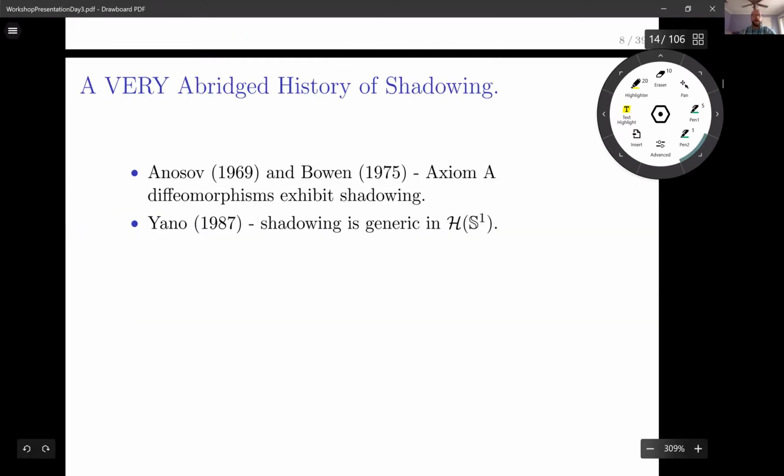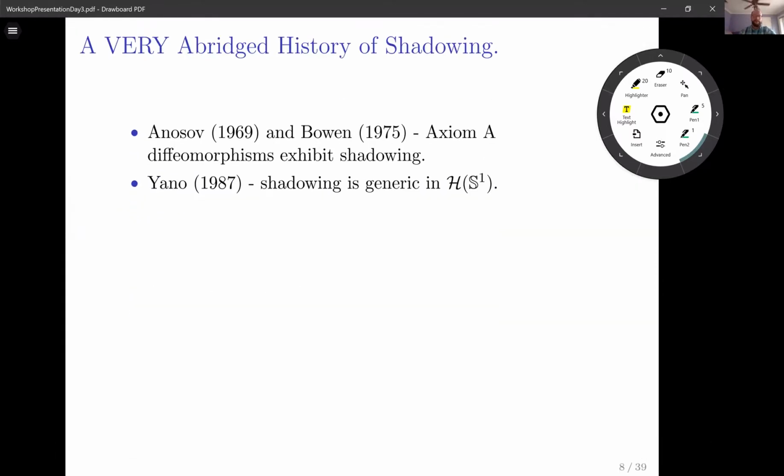Shortly after that, and I say shortly, 12 years, Yano, I can't remember the first name there, demonstrated that shadowing is a generic property in the class of homeomorphisms on the unit circle. Right, so we're looking at the unit circle, we're looking at homeomorphisms. We know a lot about homeomorphisms of the unit circle, and Yano demonstrated that shadowing is an expected property among those homeomorphisms. Now we saw 2 days ago that there are lots of homeomorphisms that don't have shadowing, right?